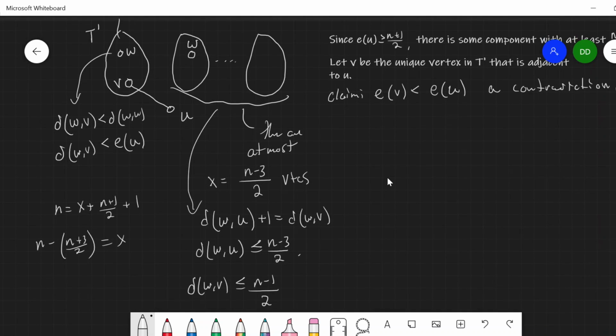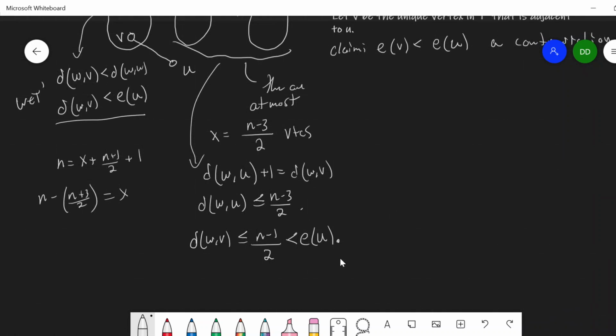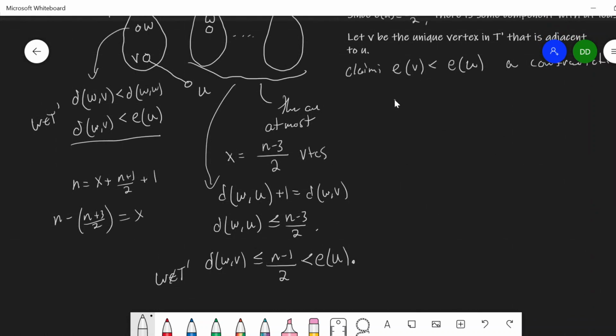And remember, I'm assuming the eccentricity of U is at least (n plus 1)/2, so this is less than the eccentricity of U. So the distance from W to V for any W in T prime is less than the eccentricity of U. And the distance from W to V for W not in T prime is also less than the eccentricity of U, and so for all W in the vertex set of G, the distance from W to V is less than the eccentricity of U. Hence, U is not a central vertex.